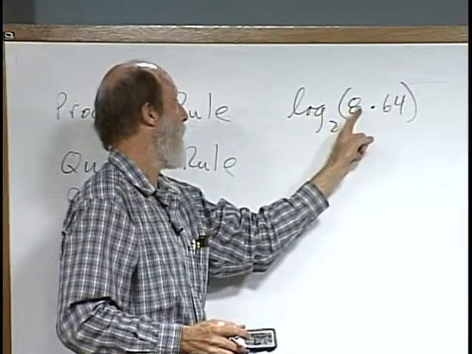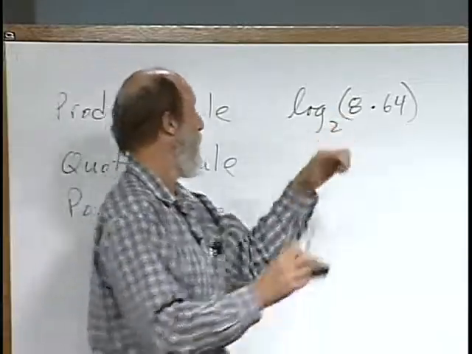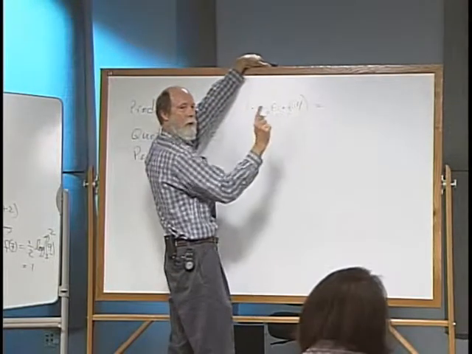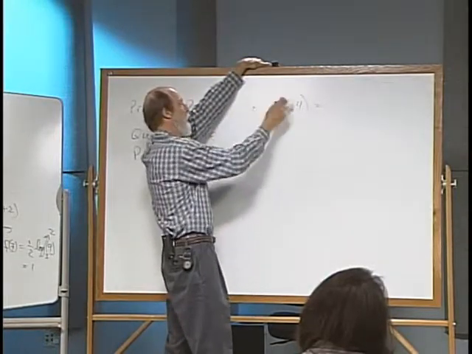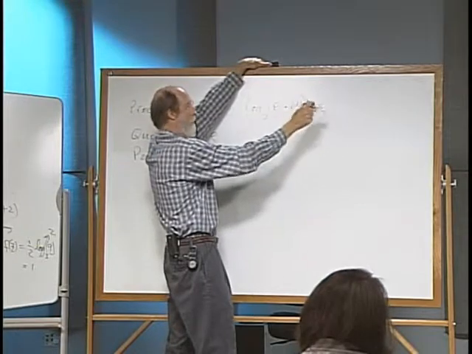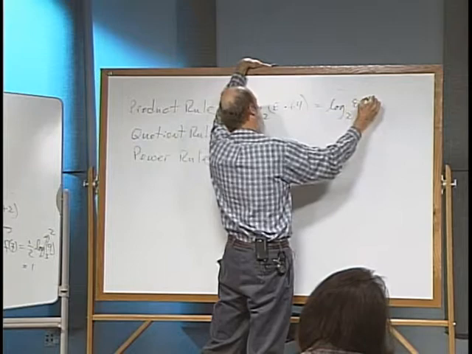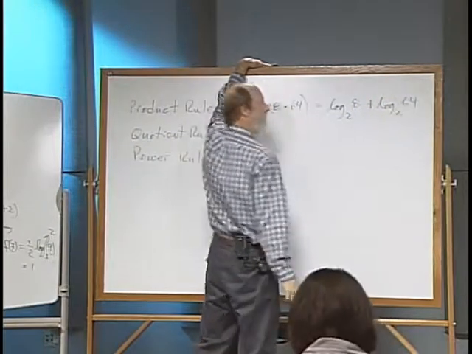The logarithm base 2 of the product 8 times 64. What the product rule is simply, if you ever see the log of a product, it's equal to the sum of the logs. The log of a product equals the sum of the logs. In other words, this becomes the log base 2 of 8 plus the log base 2 of 64.